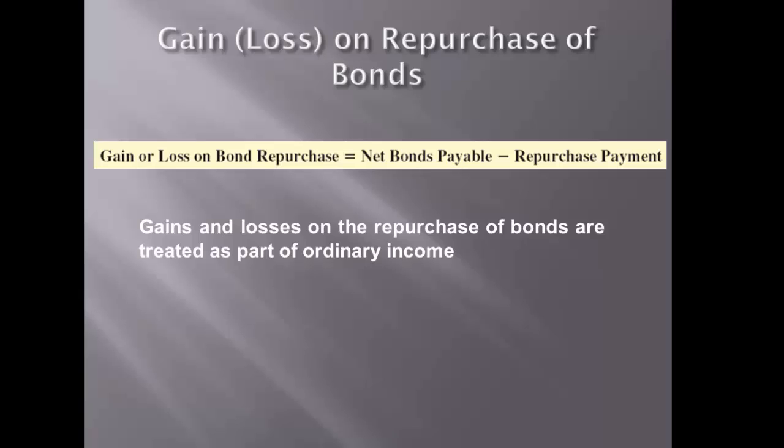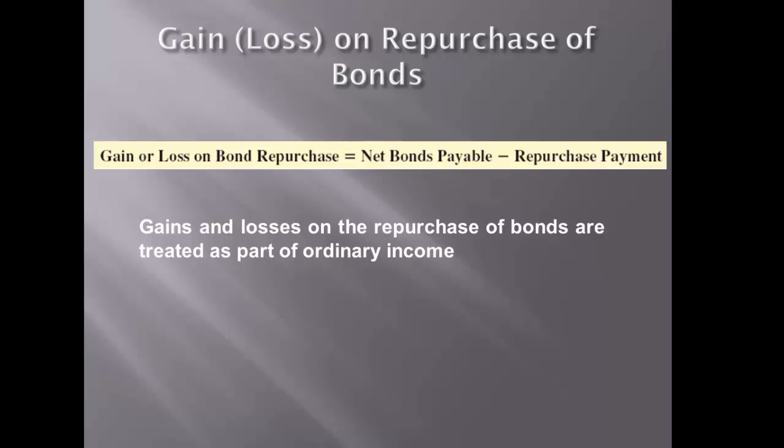And just like what individuals do, individuals like to take advantage of low interest rates by refinancing. A bond issuer may decide to repurchase or redeem its bonds when yields or market rates go down, so that it can also take advantage of the low rates.